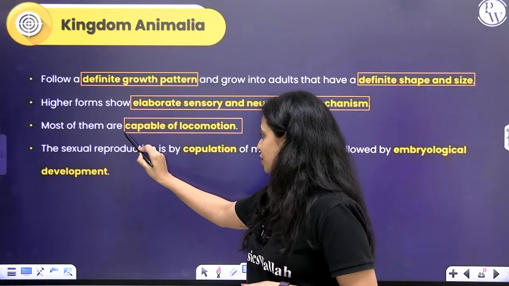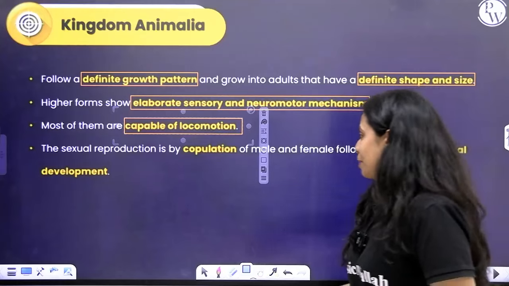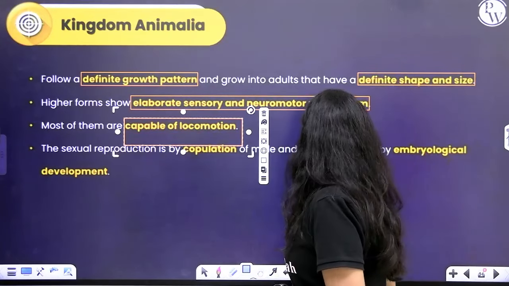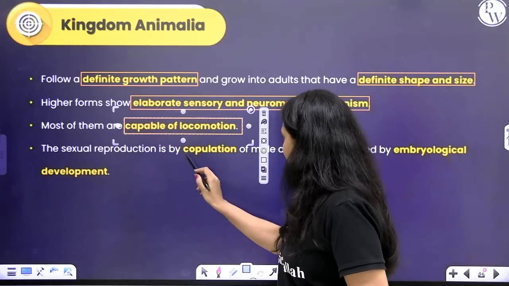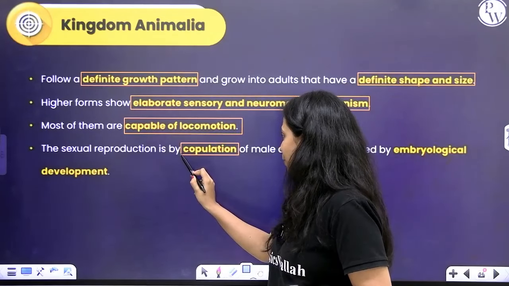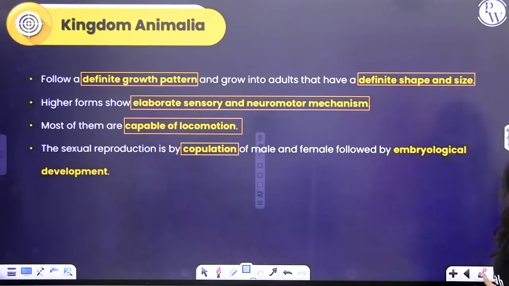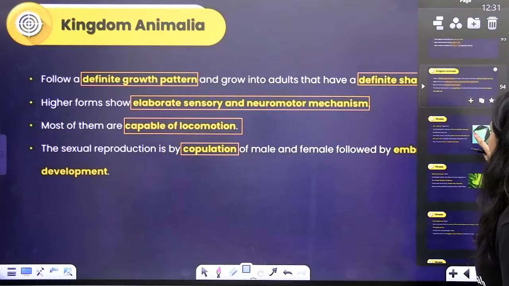They have locomotory structures. Sexual reproduction happens by mating, copulation between male and female. Following that, embryological development also will take place. So that is about your animal kingdom. More about it you will learn in the chapter Animal Kingdom.